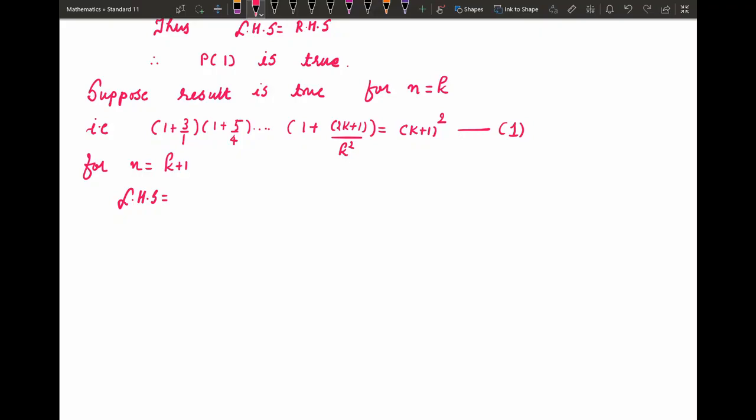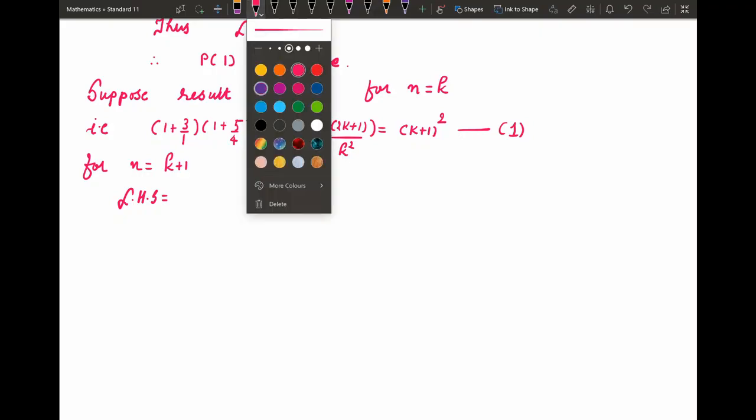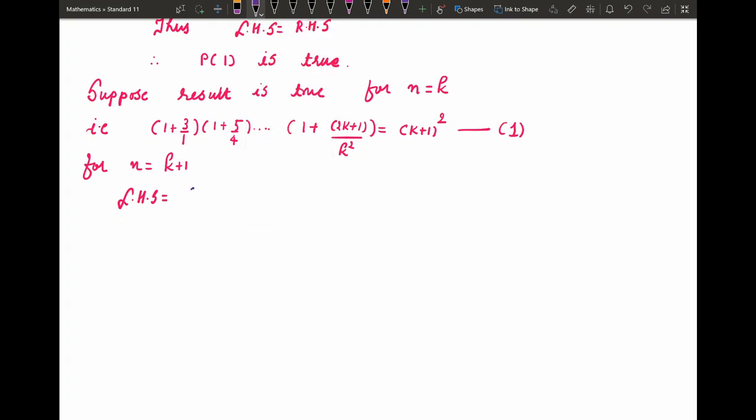So now this is (1 plus 3 by 1)(1 plus 5 by 4)... (1 plus (2k plus 1) upon k square), and now into this additional k plus 1th term.